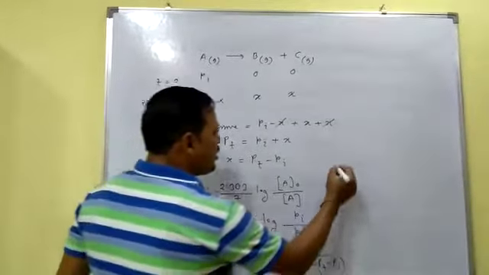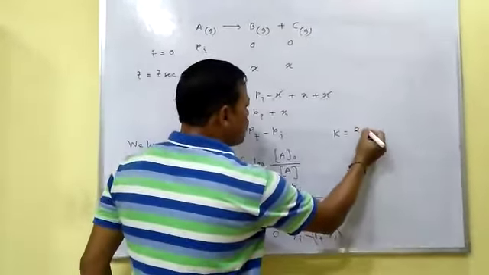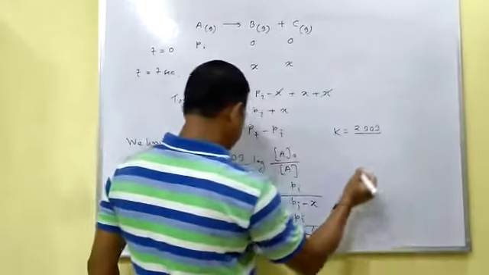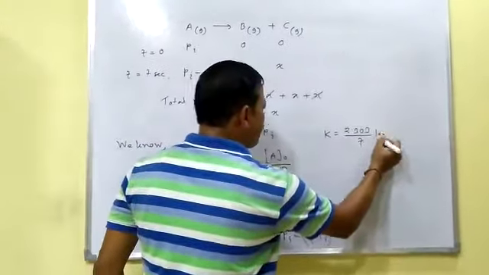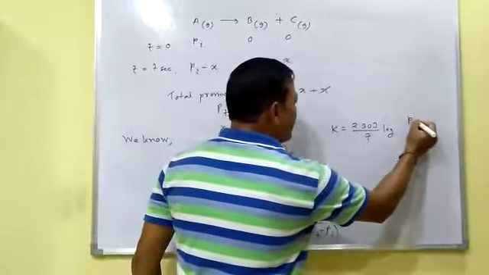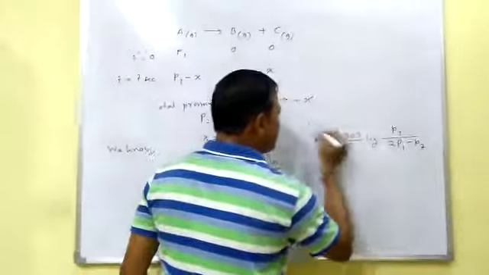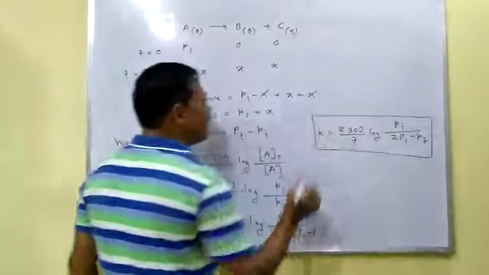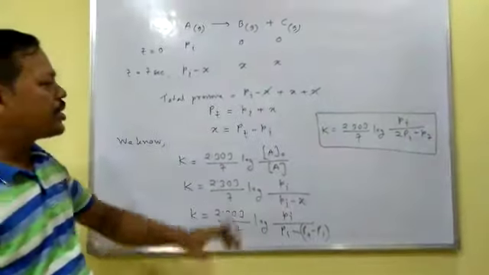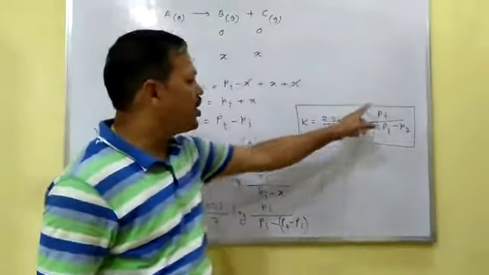That means you can write the equation K is equal to 2.303 divided by t log of Pi divided by twice Pi minus Pt. This is the equation by which you can determine the rate constant in terms of pressure.